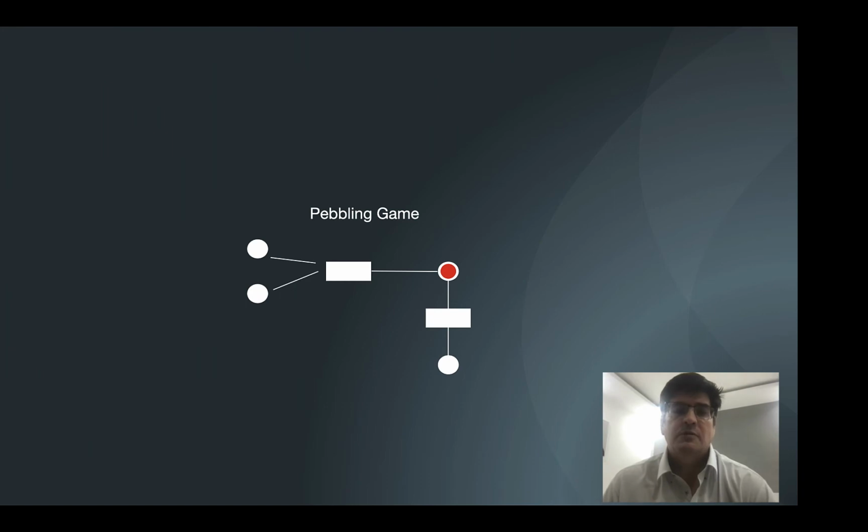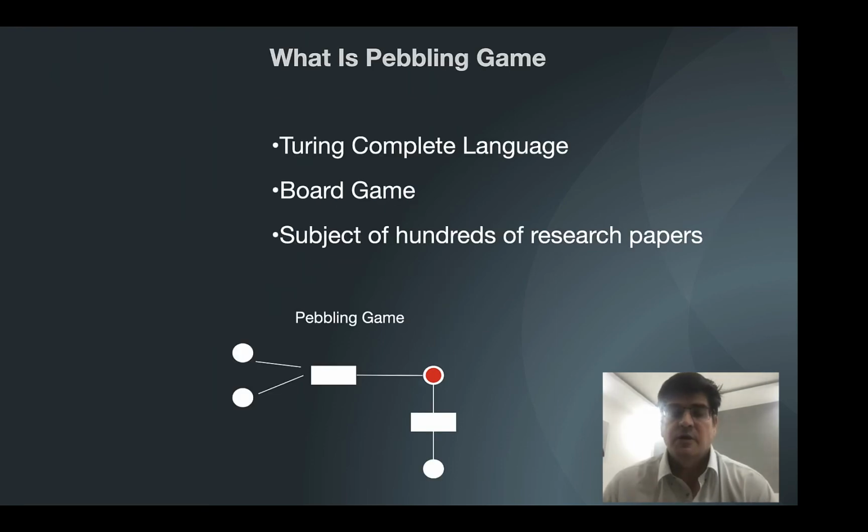We call the squares operations, and the round white objects registers. So to sum up, it's a Turing complete language, again equivalent to any programming language you might know. It's a board game, and it's also the subject of hundreds and hundreds of research papers because it has this unique property of being Turing complete.